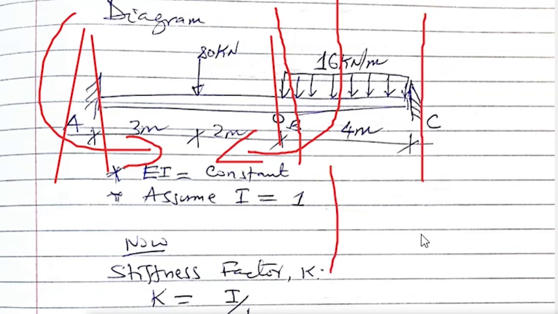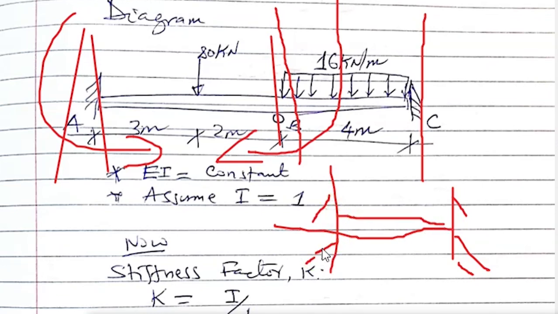Now in the same way, these 2 points shall be fixed as it was on the left, but this one has got the uniform distributed load. It should be like this, and this is point C, and this is point B. So the same consideration, the value here is about 16 kilonewton per meter.